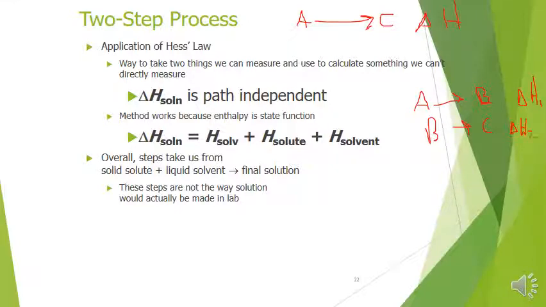When you add these two together, you end up with A going to C, and the sum of these two is the overall change, which is what we just showed in the last slide.